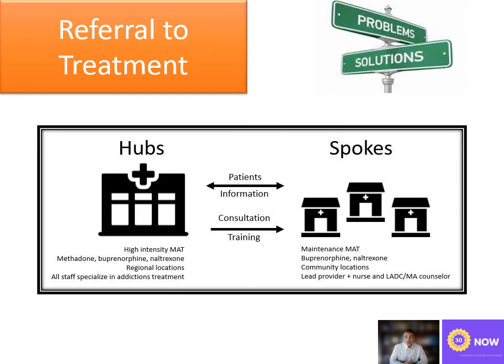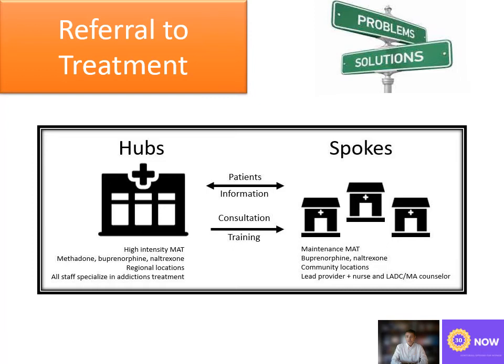Now let's say you've done the brief interventions, you've been working with your patient, and you're just not making any headway. And either the services that you provide in your practice can't adequately meet the needs of that patient. For example, let's say you're a practice and you don't have an X waiver, so you can't provide medication to treat opioid use disorder.